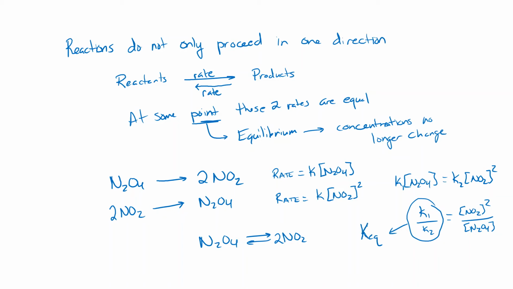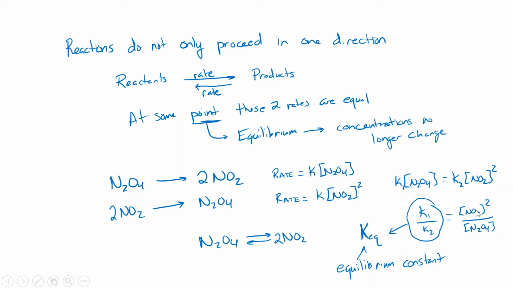We've been drawing lowercase k's this whole time for reaction rates. KEQ is our equilibrium constant, because this is the ratio of the rates at equilibrium. This is KEQ. And then the concentrations, right?